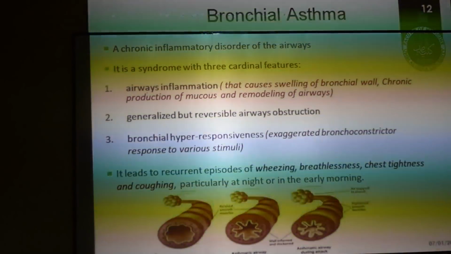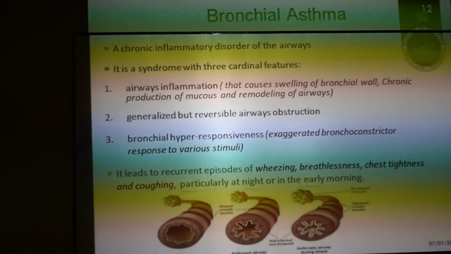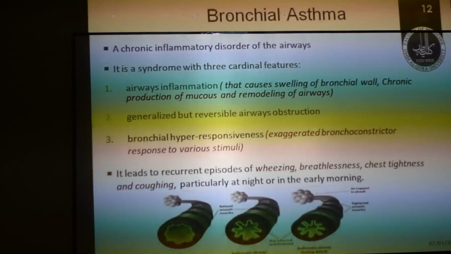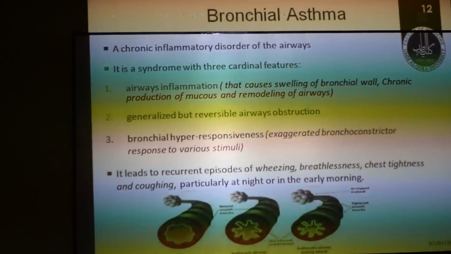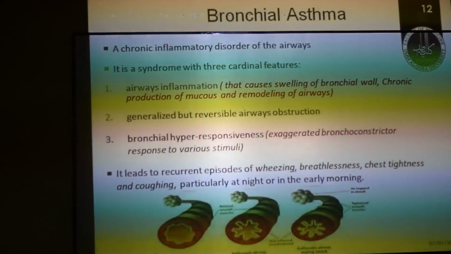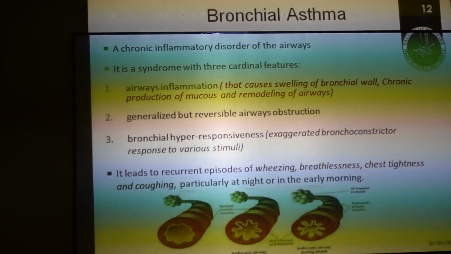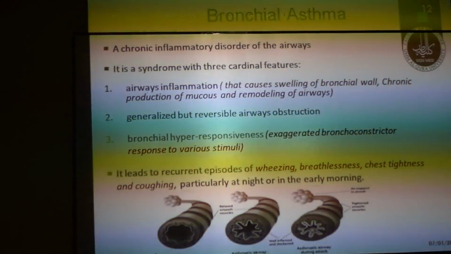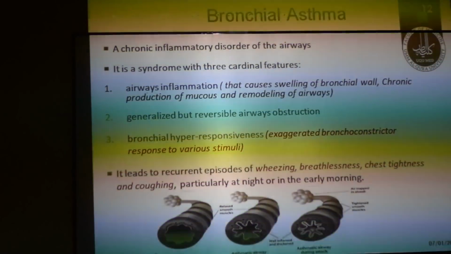everything all the way. Because there are many times when I interact with the students, they think that asthma is just the narrowing of basically the upper part, like trachea and just bronchi. No, it's generalized, it's all the way. That's why if you focus on the clinical features, patients have got wheezing and chest tightness, because airways go all the way down into the lungs.